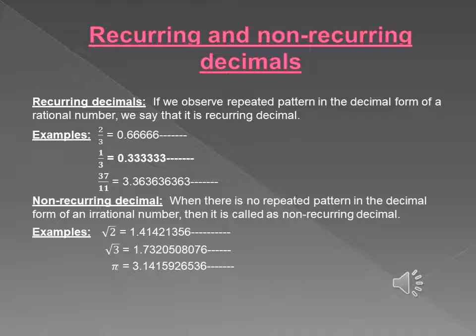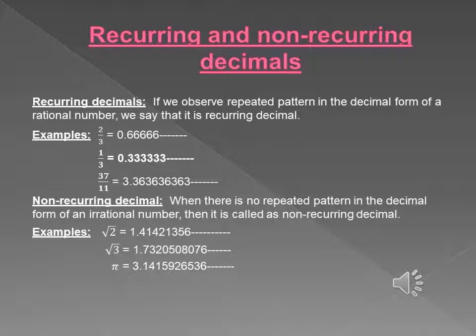So 6 is repeated. In 1 by 3 we have 0.333 and so on. In this case 3 is repeated. 37 by 11 is equal to 3.363636 and so on. So 36 is the repeated pattern.